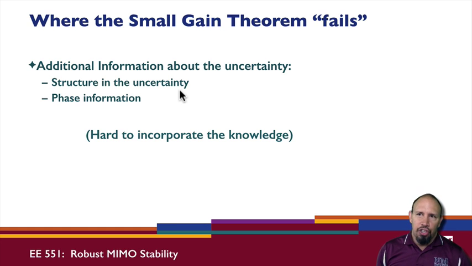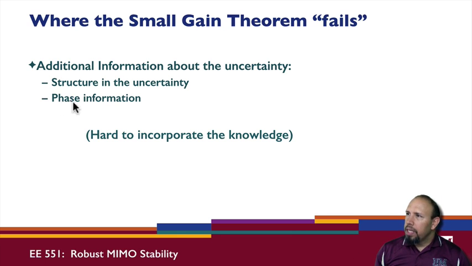Remember, we're looking at all deltas that satisfy those things, but if we restrict our attention within delta, so for example, if delta is diagonal, then the diagonal is a special case of a full matrix, and so we can actually get better results if we are able to consider uncertainties that are diagonal.